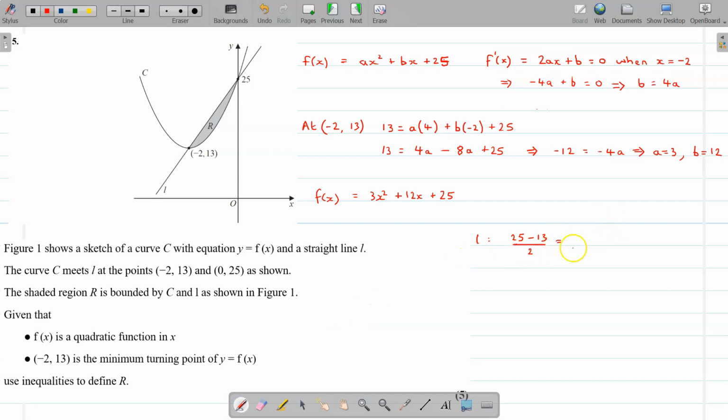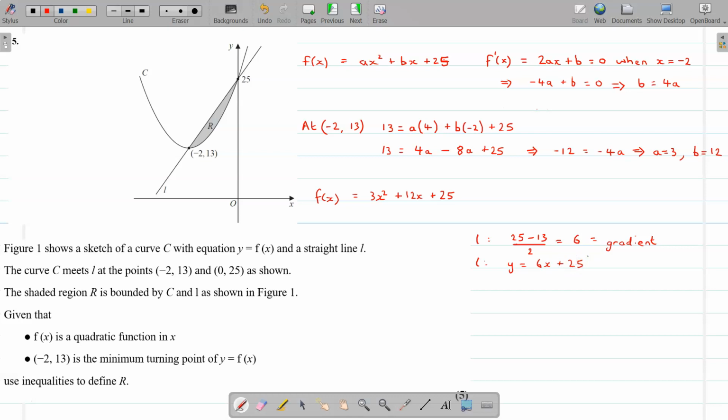That equals 12 over 2, which is 6, which is equal to the gradient of L. And it cuts the y-axis at 25. So L is such that y equals 6x plus 25.